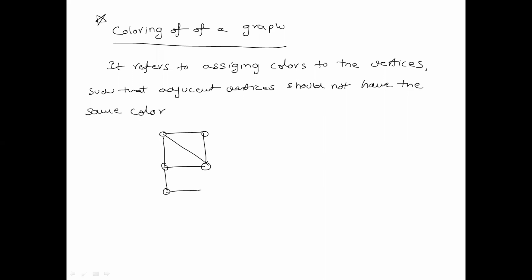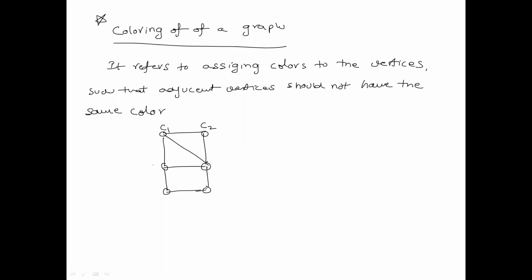Now tell me in how many ways you can color this. There are many ways to color, but the only condition is, suppose I give color 1 to this, then since this is adjacent to this, I cannot give the same color. I must give a different color to this. Okay, C2. Then similarly, since this is adjacent, I cannot give C1.